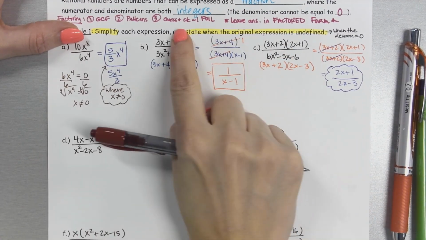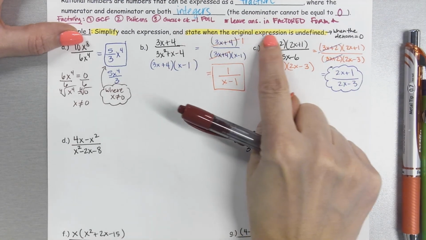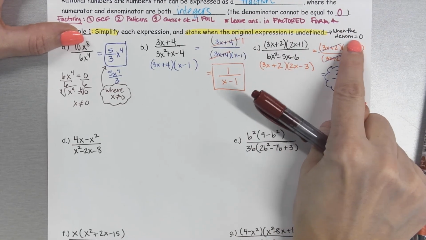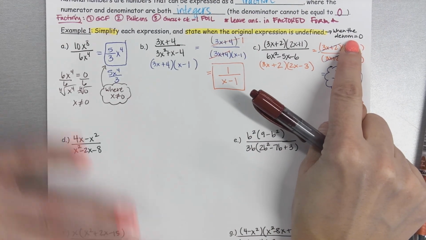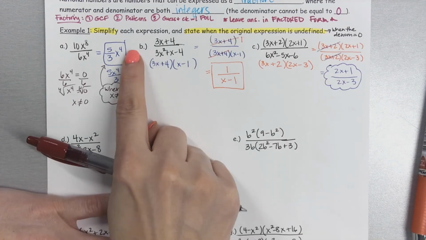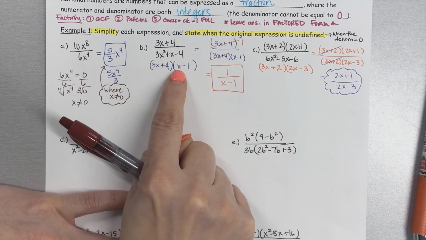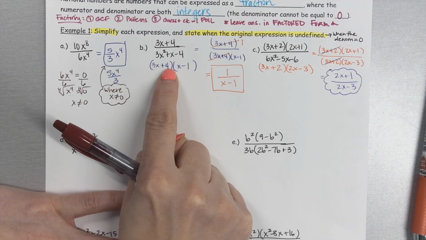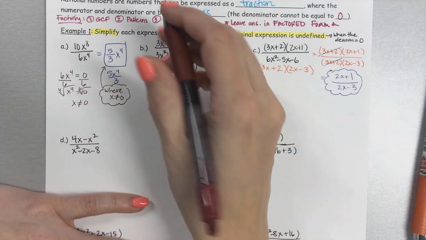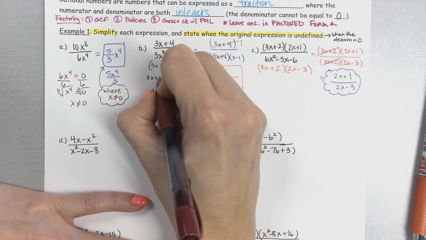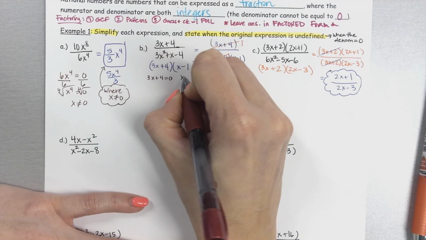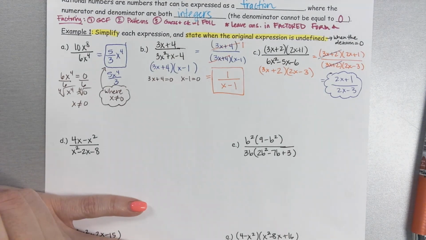So yesterday you guys wrote down, state when the original expression is undefined. That's when the denominator equals 0 because you can't divide by 0. So for B, when we take the original denominator, you can take the factored form because that's going to be a lot simpler to solve, right? So 3x plus 4 equals 0, x minus 1 equals 0.